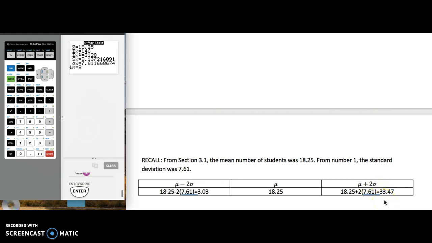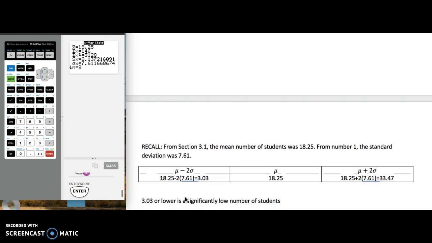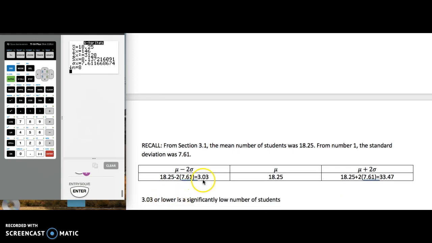What this tells us is which values we consider significantly high, significantly low, or not significant. Values over here on the left side are below the average, so they would be significantly low because they are below the mean. Any class with 3.03 students or lower is considered a significantly low number of students.